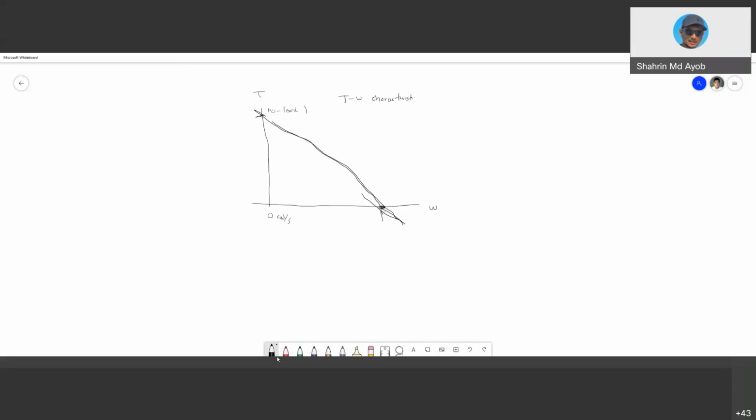This is the no load torque. So this is the characteristic of a shunt DC motor.